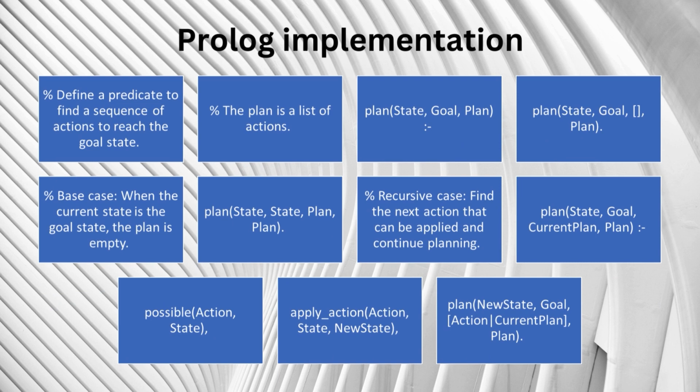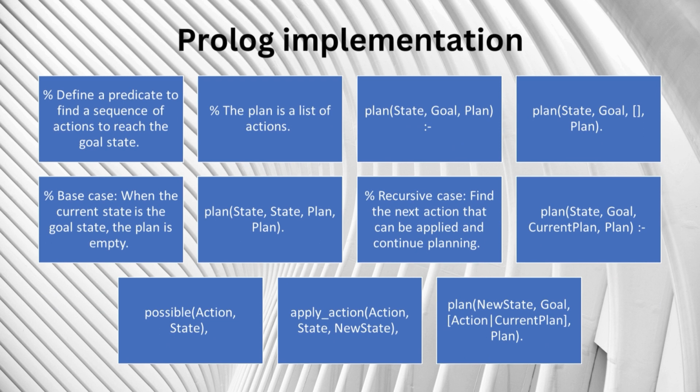a list of actions. Plan, state, comma, goal, comma, plan, which implies plan, state, comma, goal, empty list, then plan. Base case: when the current state is the goal state, the plan is empty. Plan, state, state, comma, plan, comma, plan.